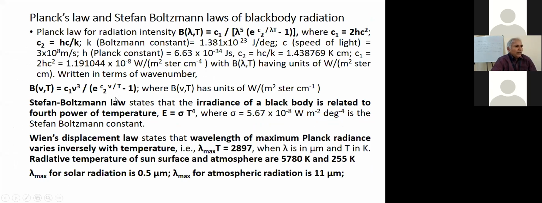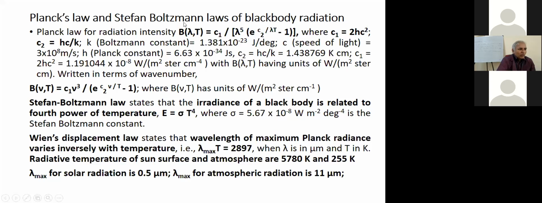So this is Planck's law, the Planck's blackbody radiance distribution. When I fix temperature, it becomes a function of wavelength only. So it's possible for me to rewrite the Planck's blackbody radiation in terms of frequency and temperature also, and then it assumes this form.